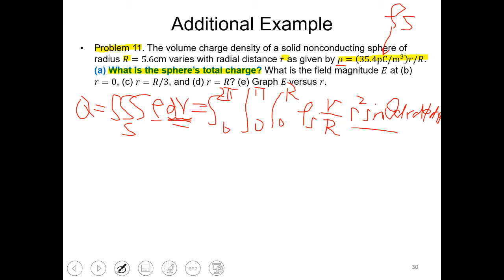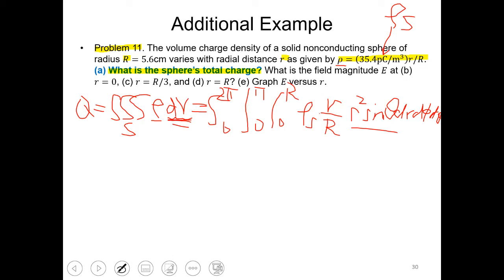For polar coordinates, if you just consider a 2D plane, so you have many circles. If you have a dA, it will be something like a sector.